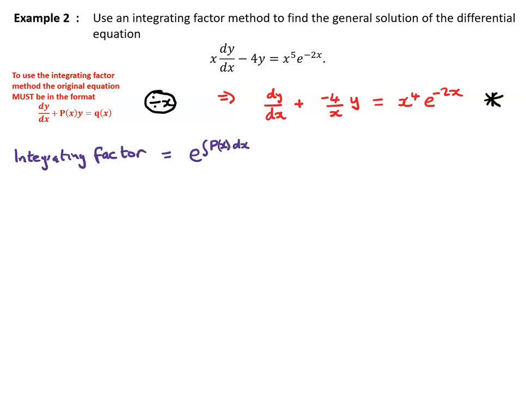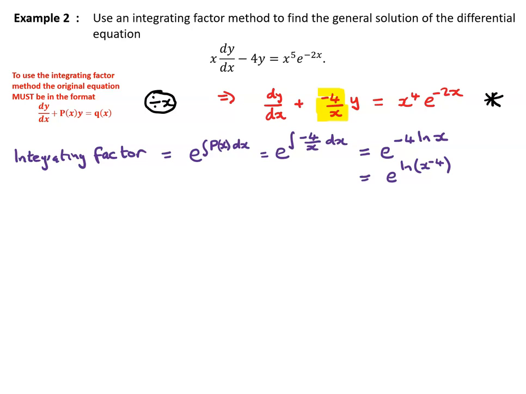So the integrating factor is going to be e to the integral of p. So in this case, that is e to the integral of minus 4 over x. Minus 4 over x integrates to give me minus 4 ln x, which is the same thing as e to the logarithm of x to the minus 4.